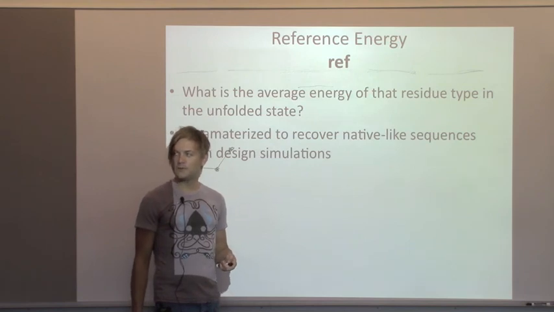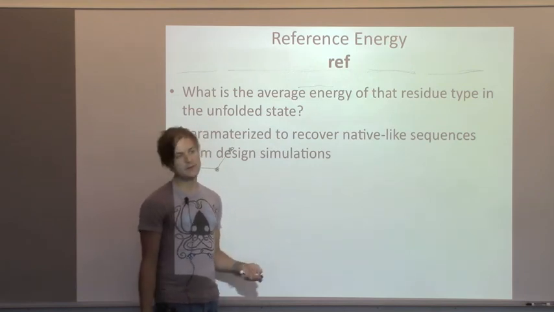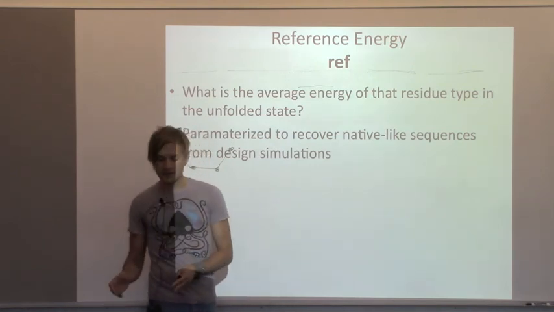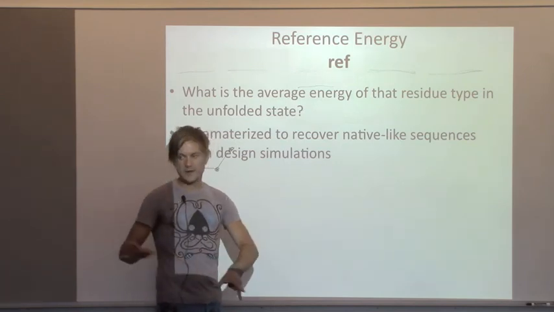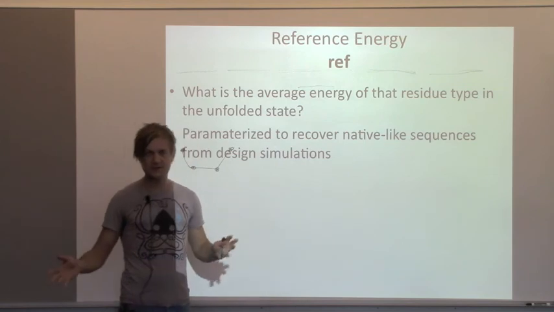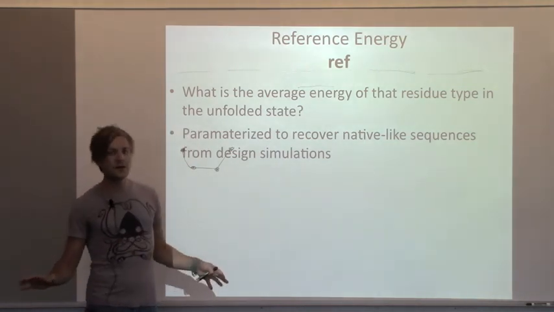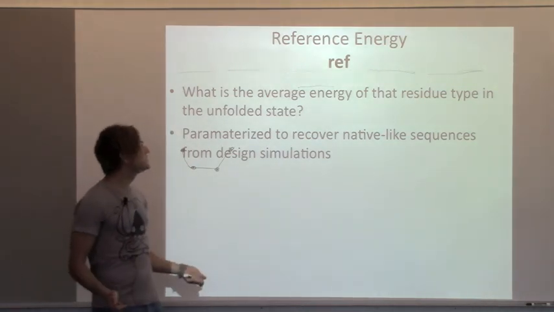The way you'd like to believe this worked is we take a whole bunch of fragments and try putting residues on all those to get an idea of what the unfolded state looks like, and then just average that out. But it doesn't actually work that way.